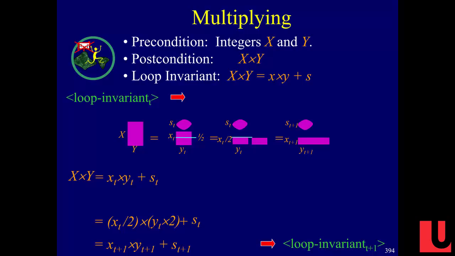But now, the new value of x is going to be the old value minus 1 divided by 2. Yeah, only if it's odd. If it's even, we do what we did before.